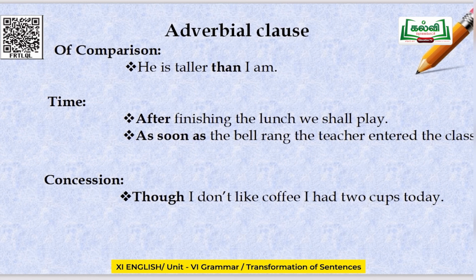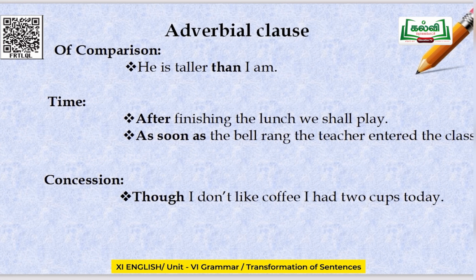So, these adverbial clauses will give the adverbial clause of time, adverbial clause of reason, adverbial clause of condition, adverbial clause of comparison, adverbial clause of purpose. So many classifications you have.